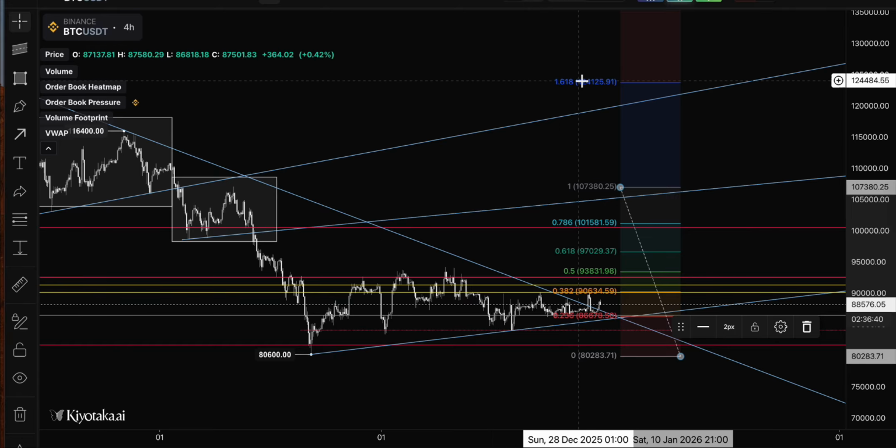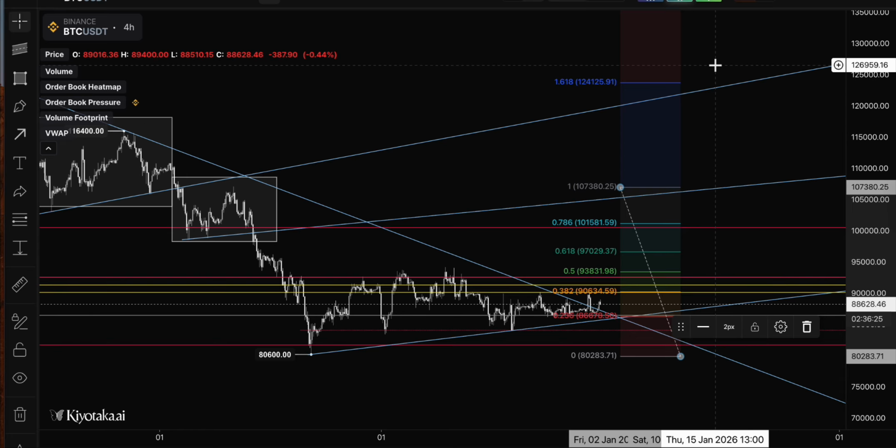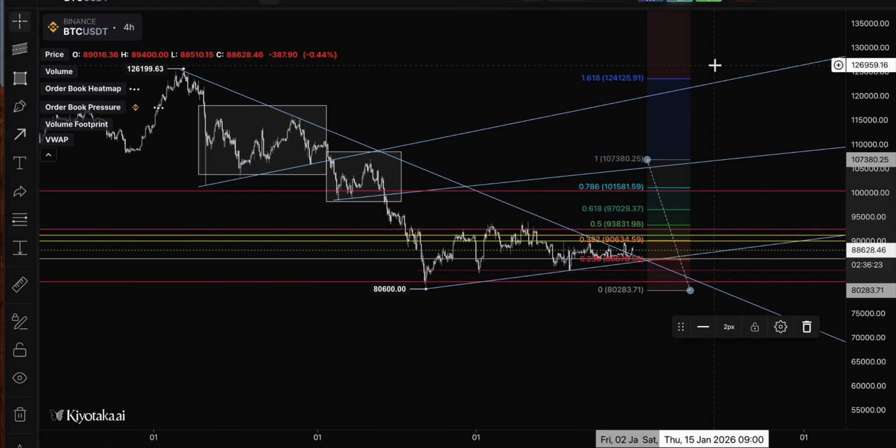Because we're again approaching 618. Again, confluence. It's already done. I have all my confluences there. So I will probably close 50% here, move my stops into profit and so on. But it's never a complete exit in swings.